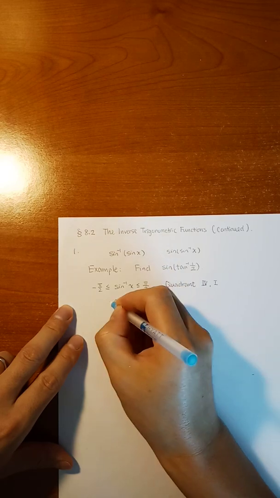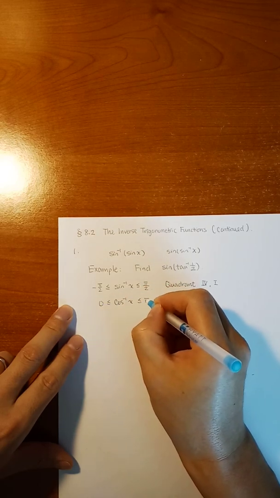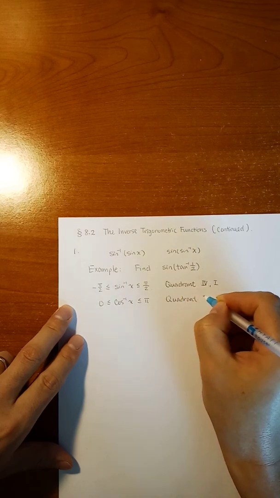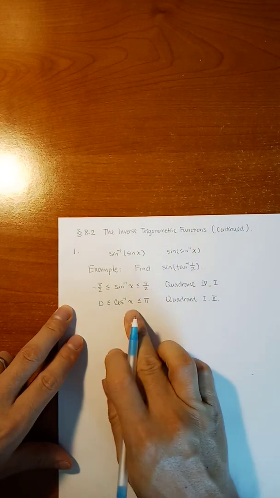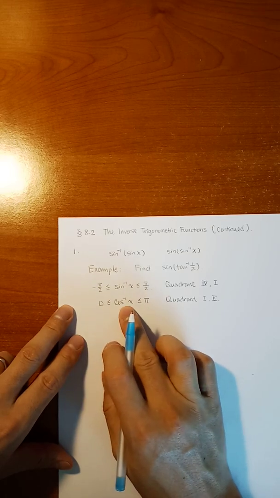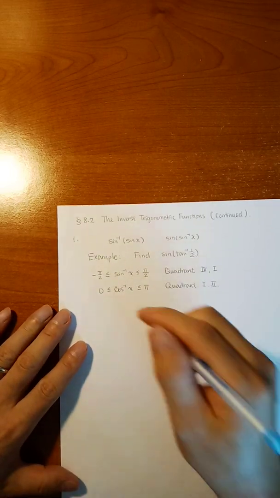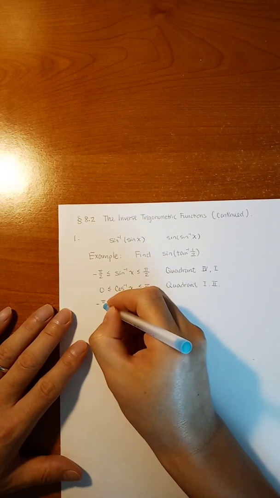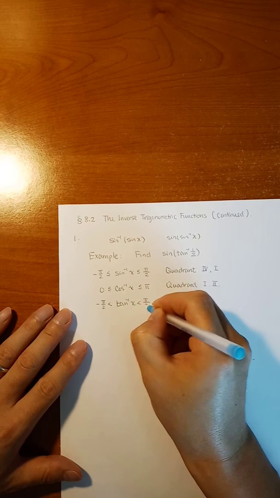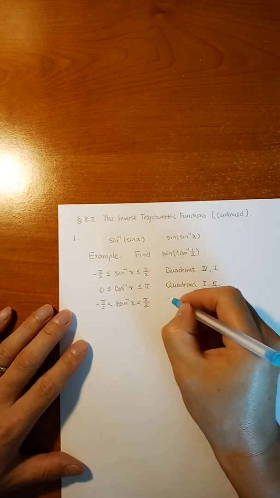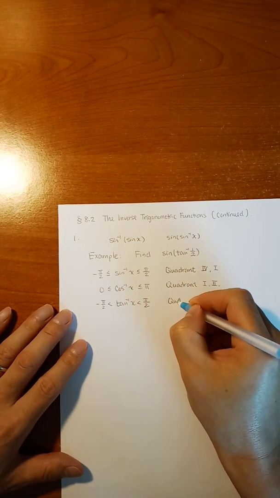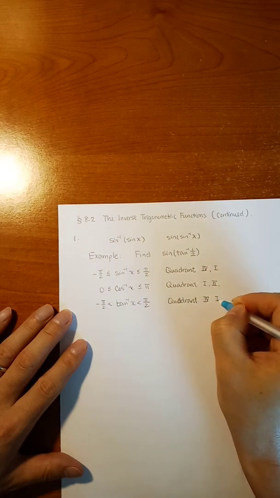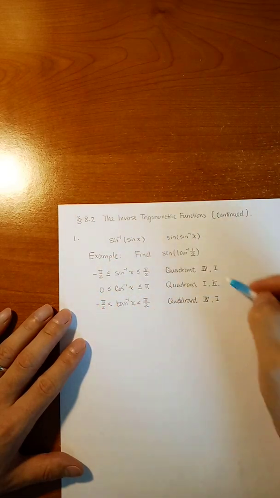Cosine inverse of x is between 0 and pi, so the image is the first and the second quadrant. Between 0 and pi over 2 is the first quadrant. Between pi over 2 and pi is the second quadrant. And the tangent inverse of x is between negative pi over 2 and positive pi over 2, excluding those two endpoints. It's also in quadrant 4 or 1. Okay, so this is very important.